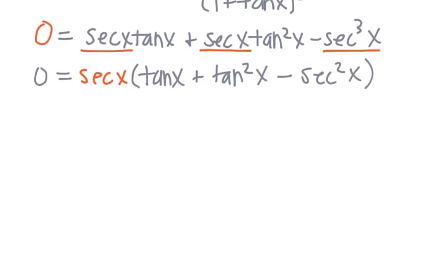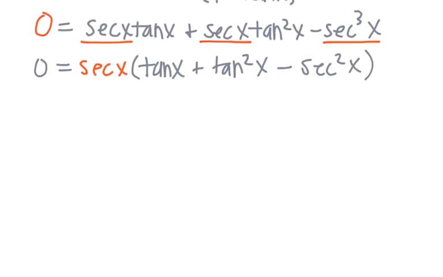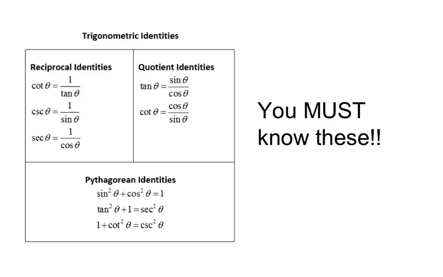Okay, here's where you're probably not going to like me very much, but remember what I said earlier. You still need to know all these identities. The one we're about to use in this problem is down here, and it has to do with your Pythagorean identity involving secant squared. As you can see, secant squared theta is equal to tangent squared theta plus 1, and we're about to plug that in, because right now we have a lot of tangents.